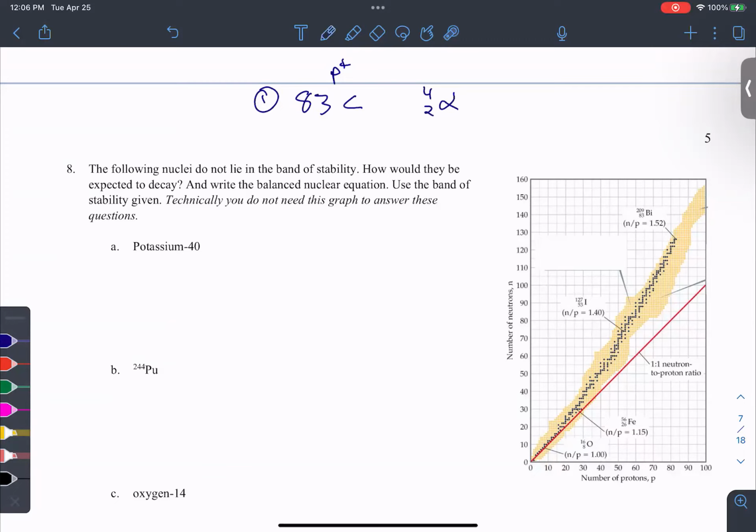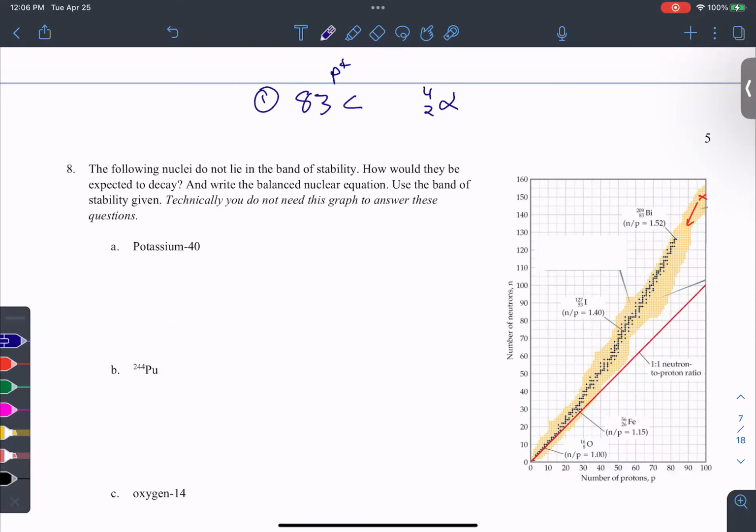And the reasoning is, the blue dots you see here are stable nuclei, yellow dots are just any nuclei. So if we're way beyond bismuth, if we're over here, when we emit an alpha particle, we lose 2 protons, 2 neutrons. So what we do is we move diagonally towards the belt of stability.